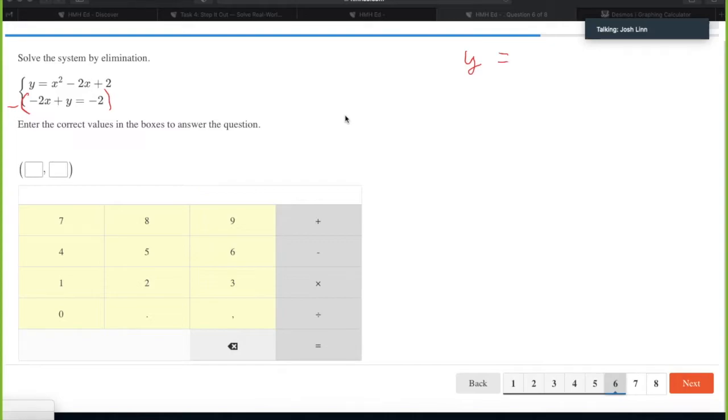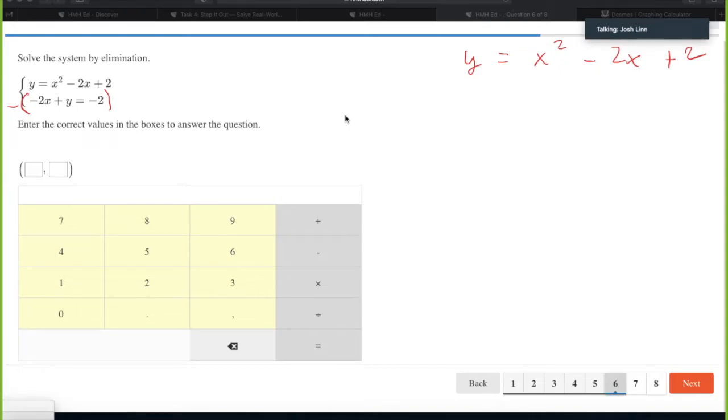So we've got y equals x squared minus 2x plus 2. So then our other one, we've got a negative and negative. So we've got a plus 2x, we're going to move that over a little bit.